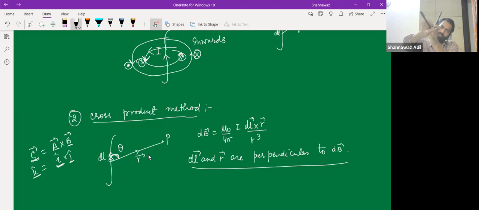What direction does this thumb point out?